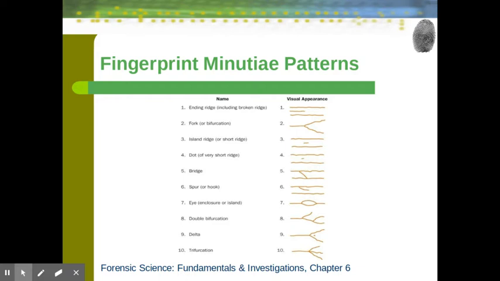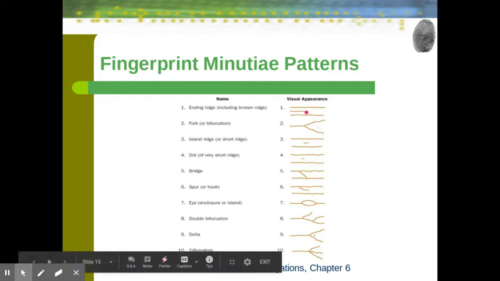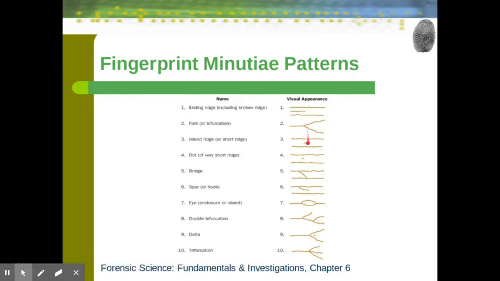But here are some of the things we can look for. So this is a ridge ending. You can see the ridges are going along and then this one just stops. And here you have a fork or a bifurcation where you have one ridge that splits into two. This would be called an island ridge or a short ridge. And then this one's even smaller, so we may call it a dot or a very short ridge.